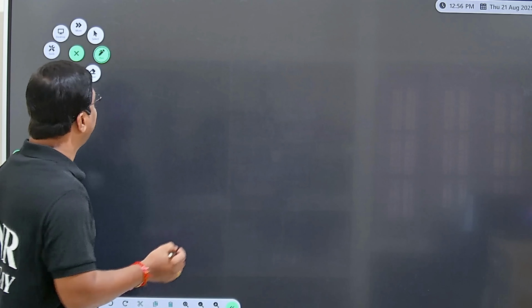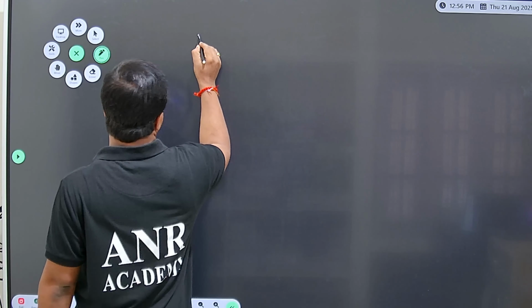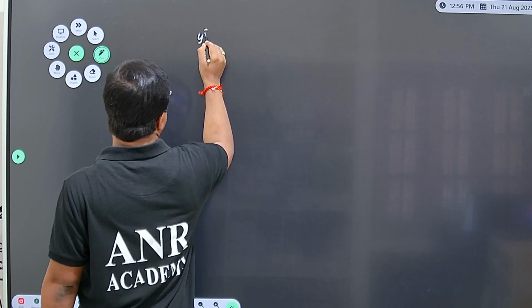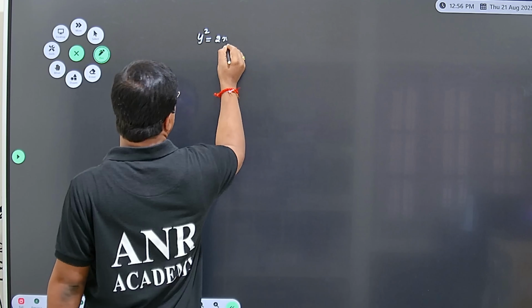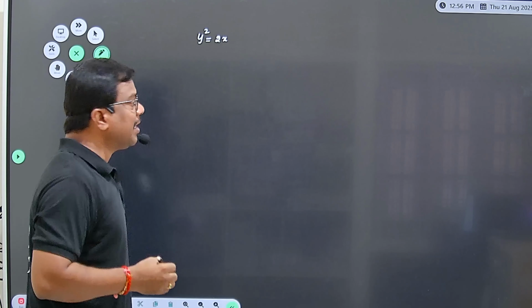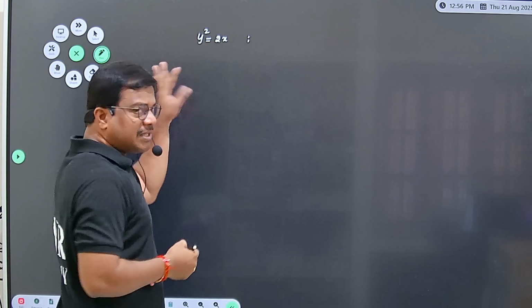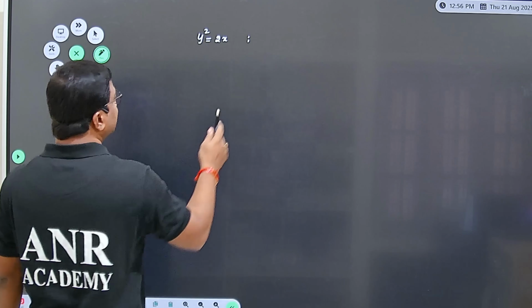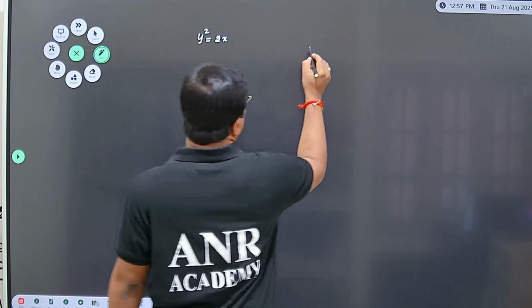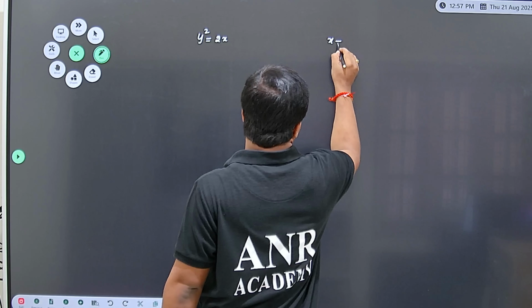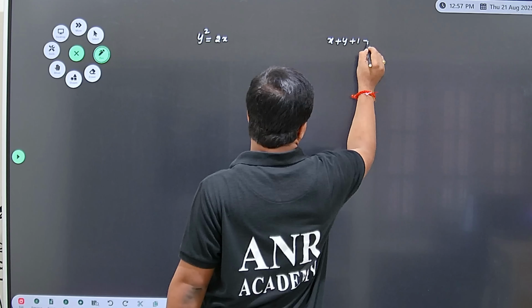Suppose there is a curve y square equal to 2x, and we need the image of this curve about the line x plus y plus 1 equal to 0.